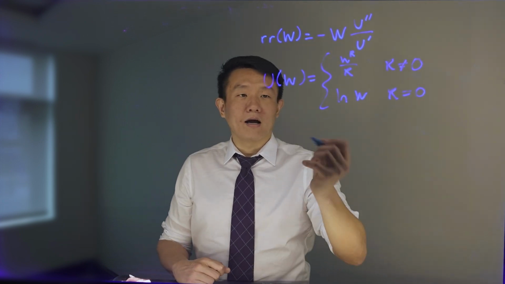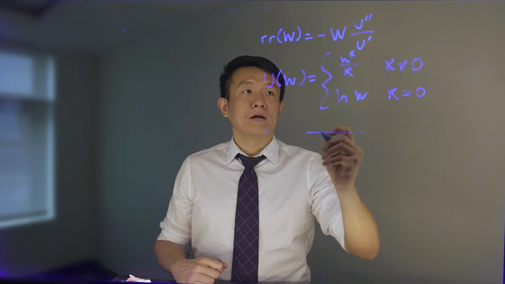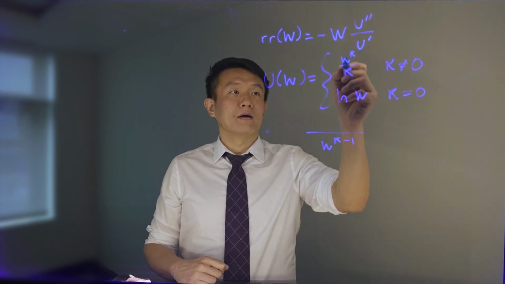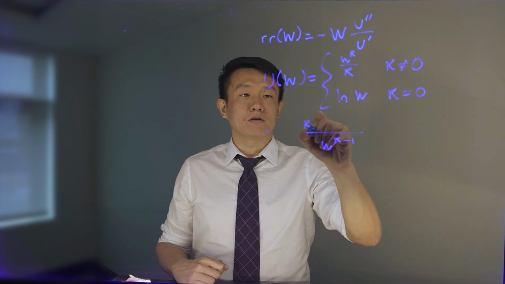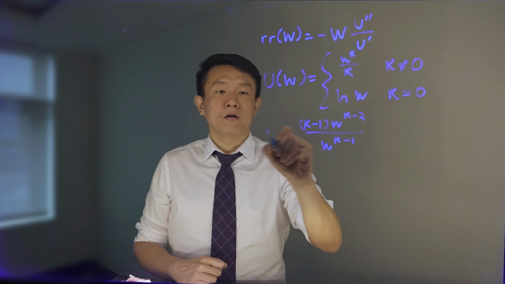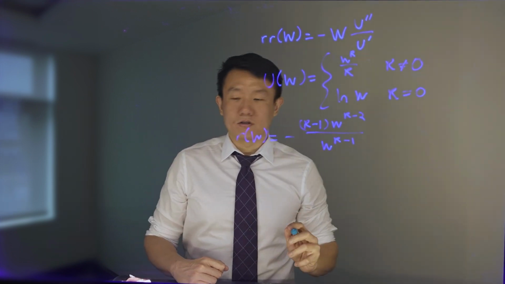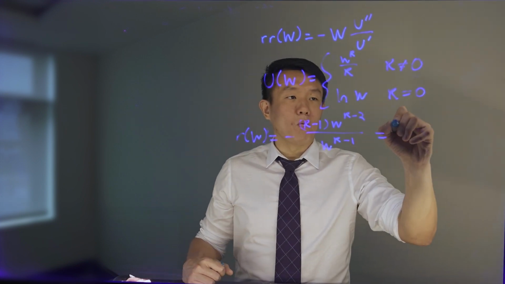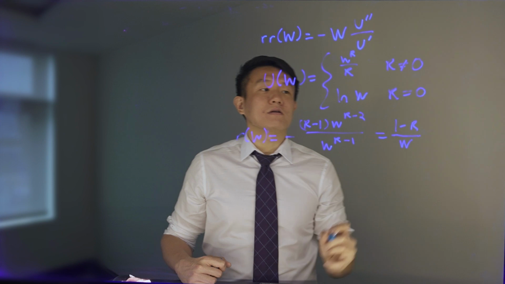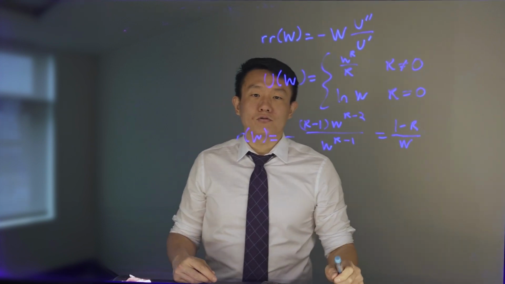Well, we're going to have that U prime is W to the R minus 1, and U double prime is R minus 1 times W to the R minus 2, so that the coefficient of absolute risk aversion is going to equal 1 minus R over W. So this utility function is going to exhibit decreasing absolute risk aversion.